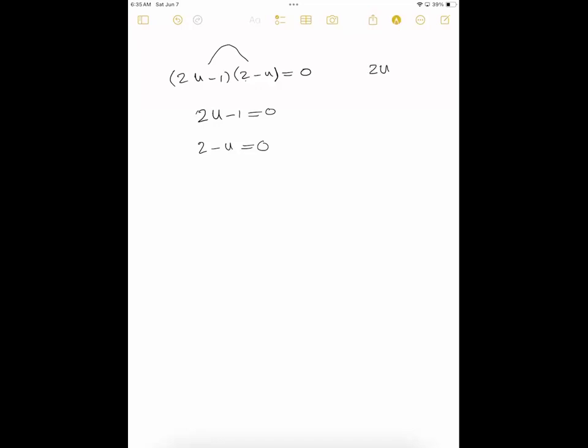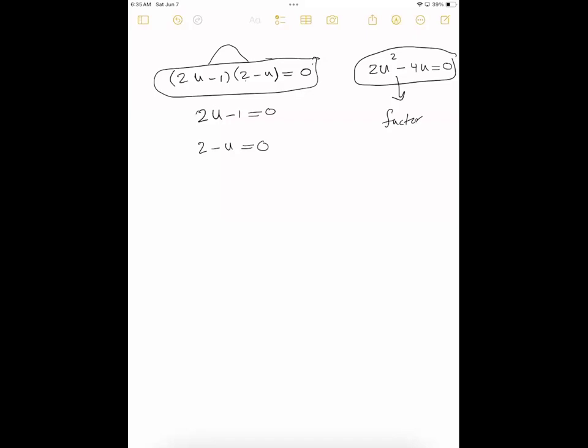If I have 2u to the power 2 minus 4u equal to 0, I can't solve this equation as is unless I factor it first, and then I set each factor equal to 0 and I solve it. So right now, this example is already factored for us.